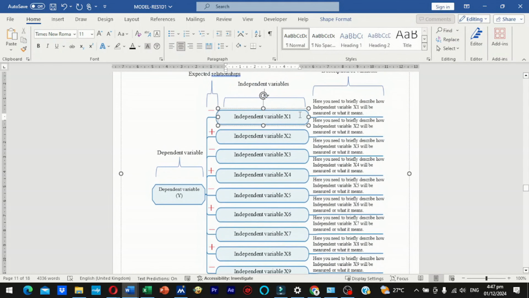But if you have ever tried to actually draw these research conceptual framework templates in your Microsoft Office, you'll notice that it's really hard to draw, especially a lot of independent variables associated with 1 dependent variable over there, and also including some descriptions on how you're going to measure these particular independent variables.